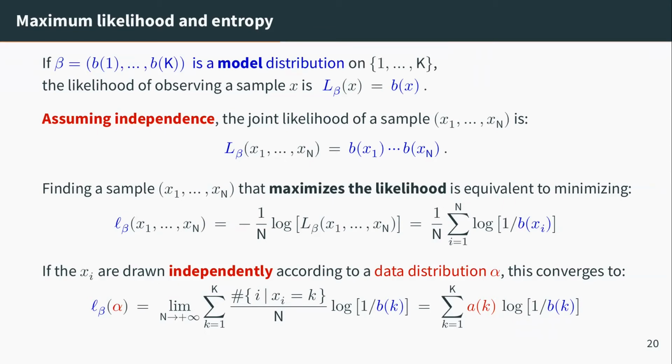And now, given this model probability distribution, so basically it's the output of my classifier, my current guess on what is likely or not, the likelihood of observing a sample x, where x can be 1, 2, 3, 4, 5, up to K, is just b of x, that I call L beta of x, the likelihood according to beta of observing x. So that's just for one sample.